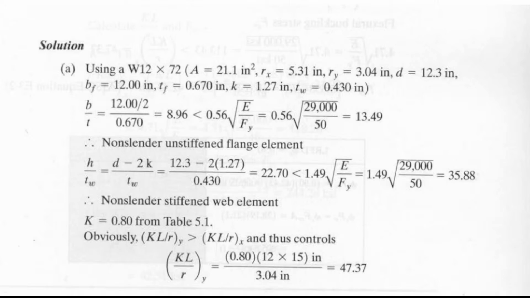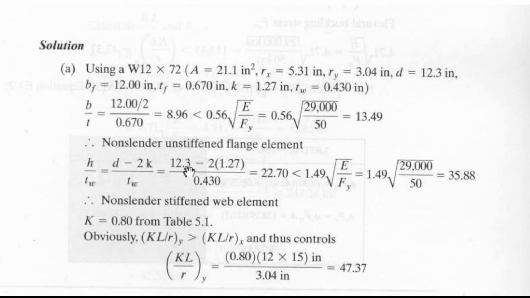Okay? So let us look. H. So H is this one. This is total. So we are only using the edge from corner to corner. So that is D minus 2 times K. K is 1.27.